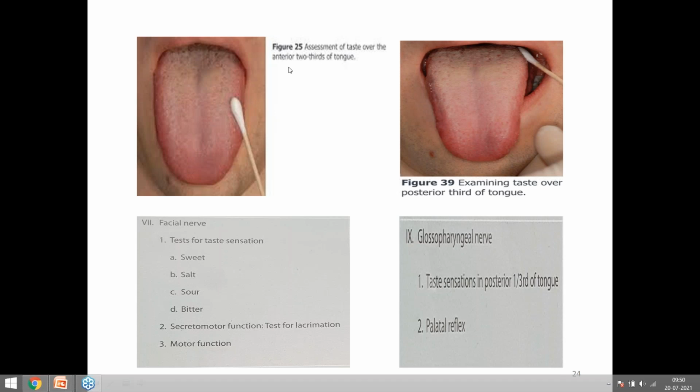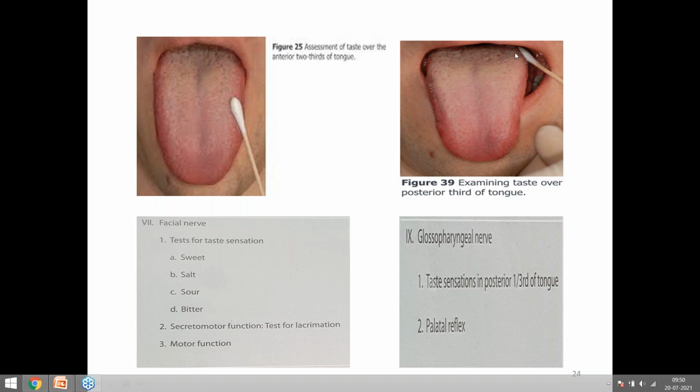Let's see here, they are assessing the taste over anterior 2/3 of tongue with a swab and touching the solution. All 4 have to be done one by one. We usually do the quinine solution in the end because that's a stronger effect, more long lasting. So one by one we test in the anterior 2/3 of tongue.